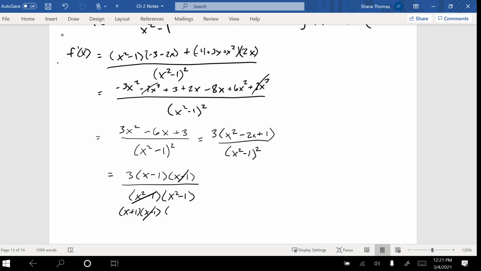This guy here can turn to x plus 1, x minus 1. Gone, gone. That's going to leave me with 3 over x plus 1 quantity squared. There we go. That was a fun one.